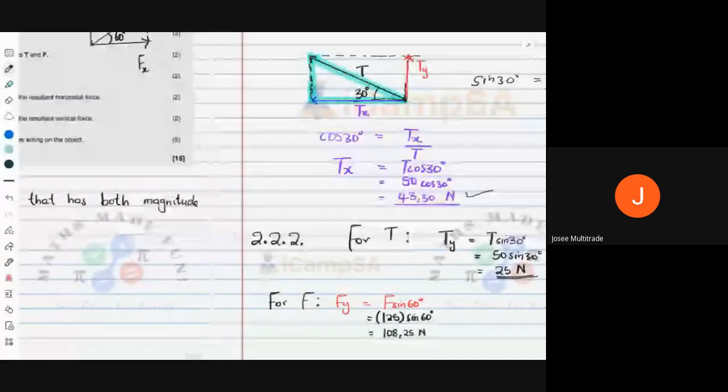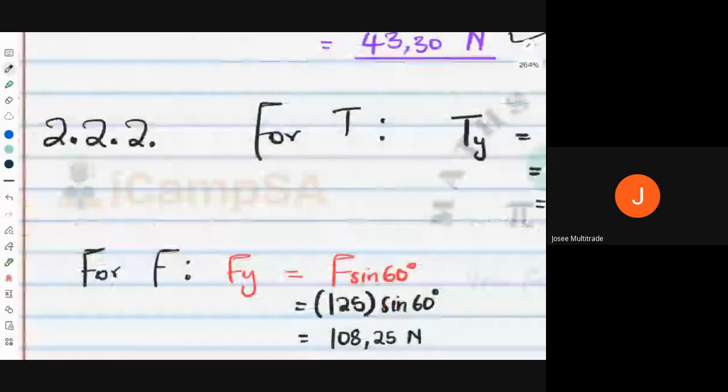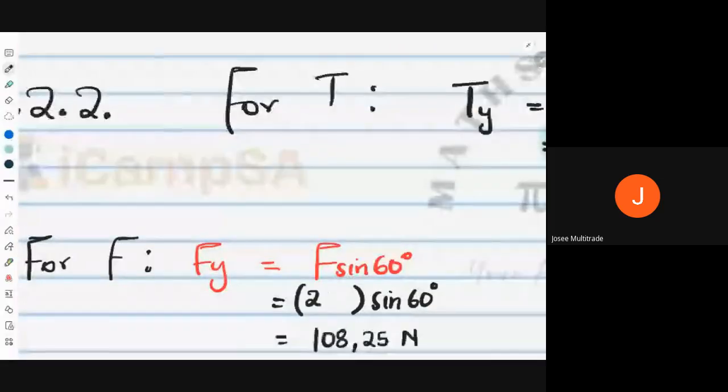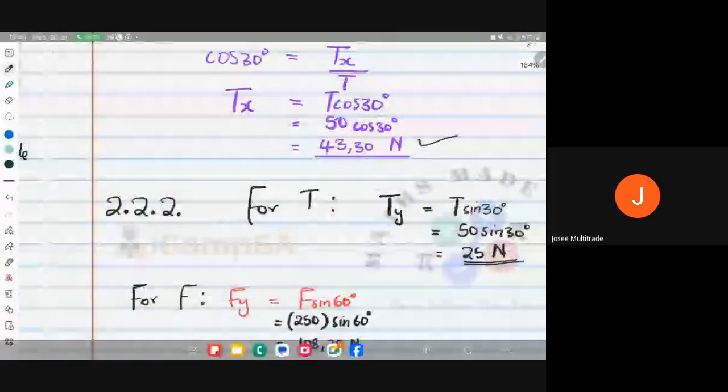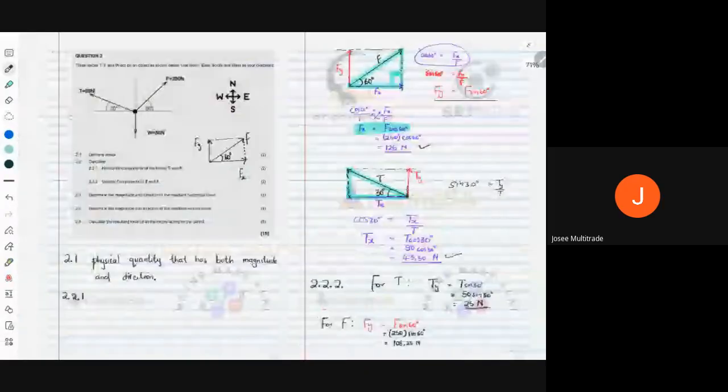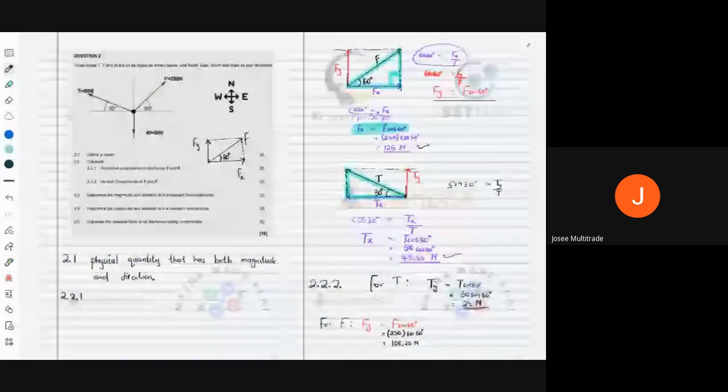Sir, where does that 125 come from? Because the other time, it was 250. Oh, thanks, my mistake. I don't know why I took 125. That's a weird mistake right there. I'm glad that you guys are paying attention.